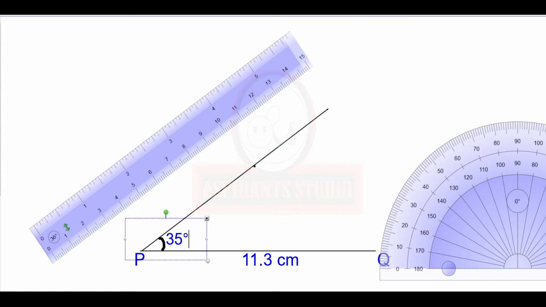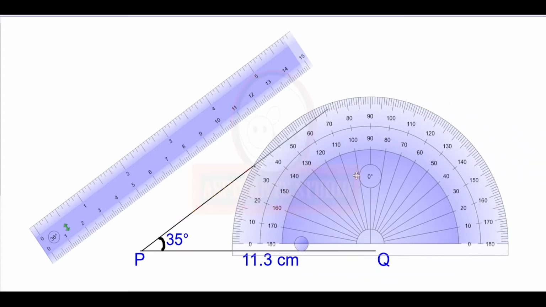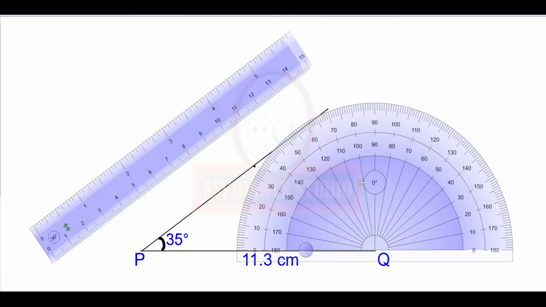Keep the protractor at Q and take 30 degrees.